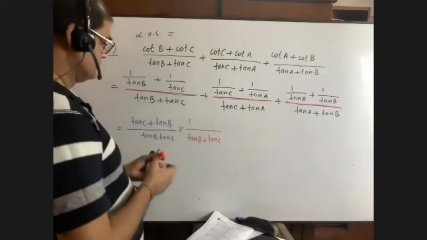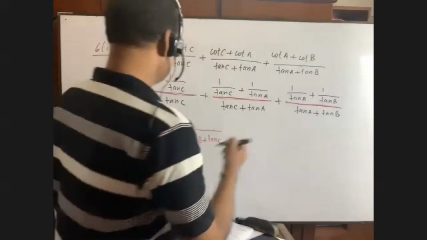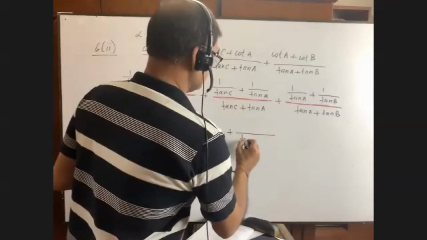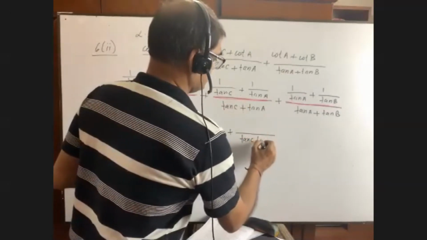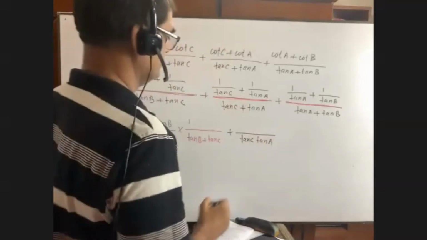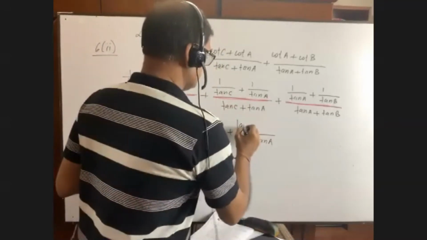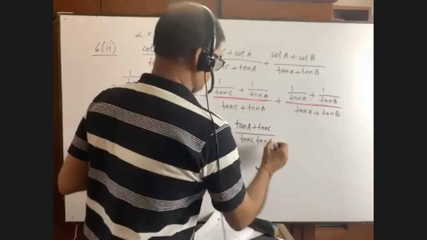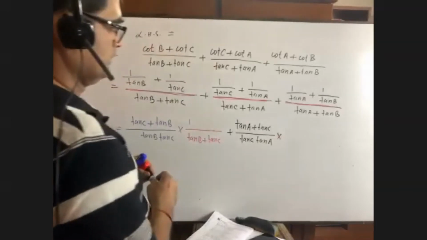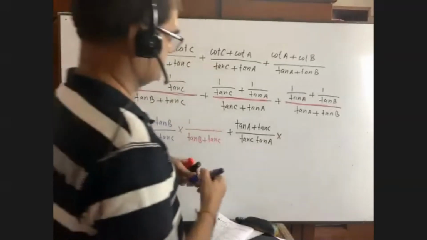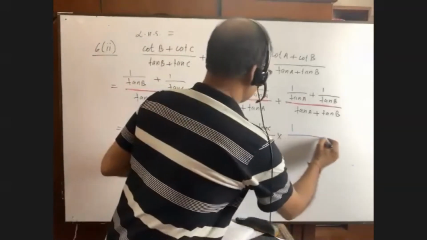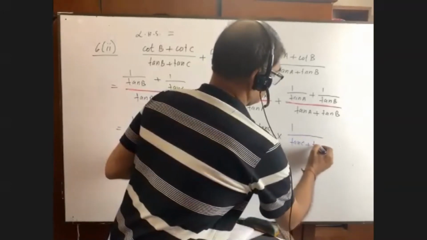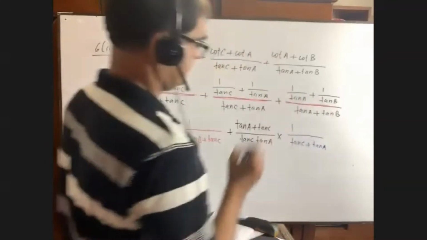That means here we are getting, as well as LCM tan C tan A. Here it is tan A plus tan C into, in the same way we can write 1 by tan C plus tan A, right?